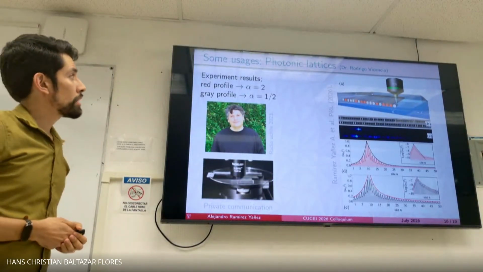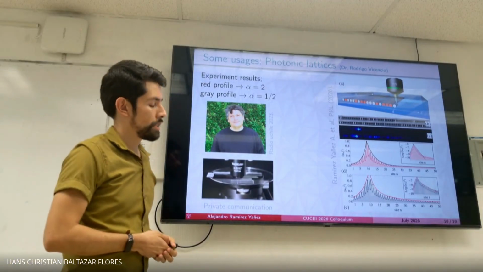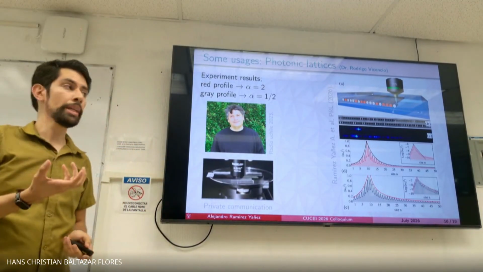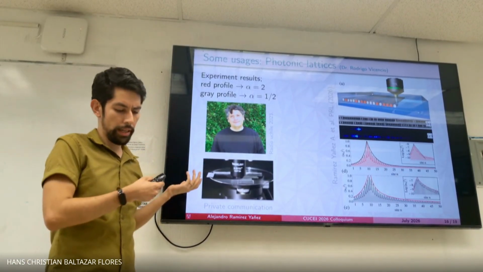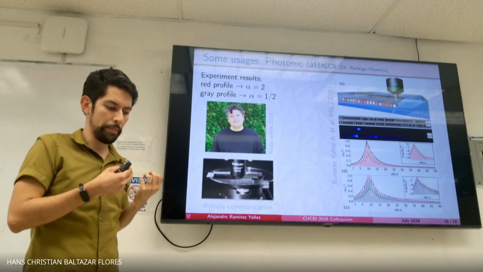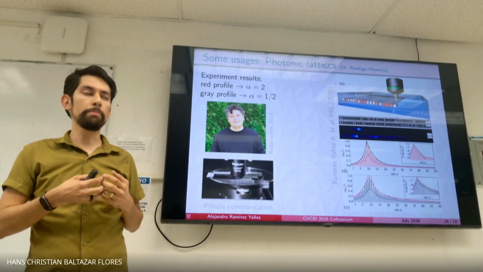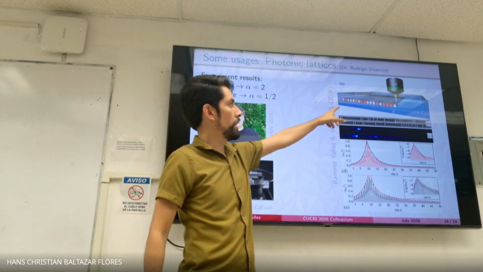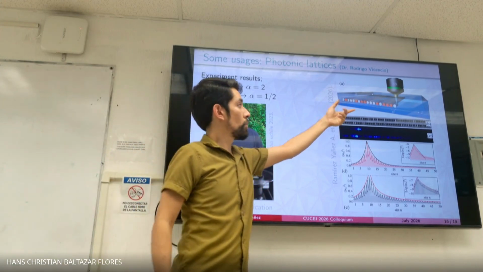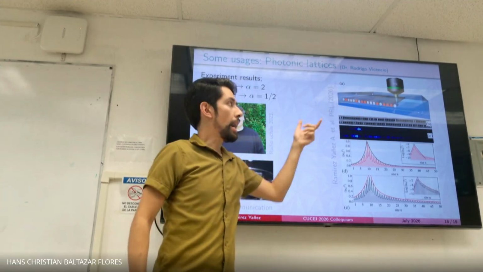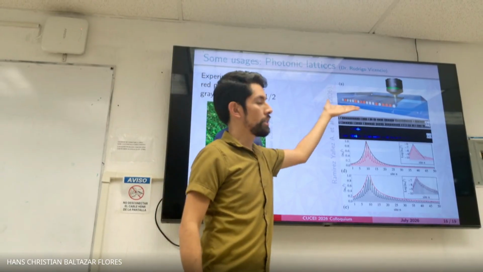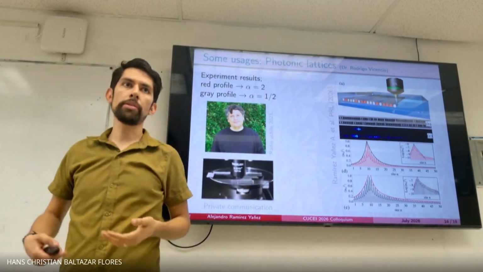Another usage of stable distributions has to do with engineering. In this work, we had an experimental part, which was done in photonic lattices. We had to fabricate these photonic lattices, and the way we fabricated them was following stable distributions.